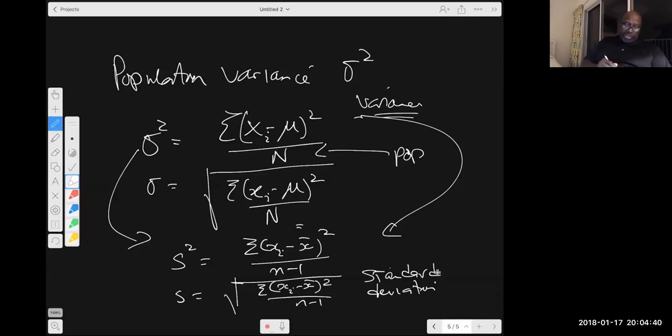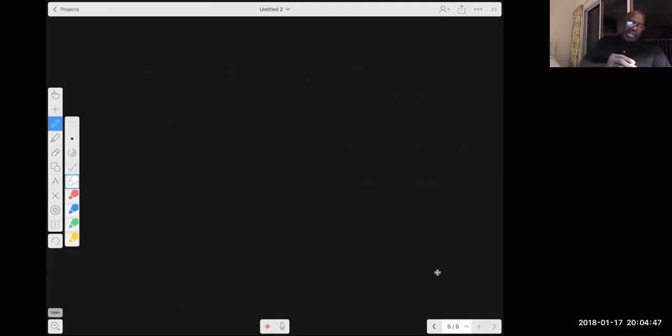Now, the book uses those as formulas, but I have a version in our formula sheet that makes calculations a little easier. Looking at the sum of xi minus mu squared, we call this SSX, the sum of squares of the x's.